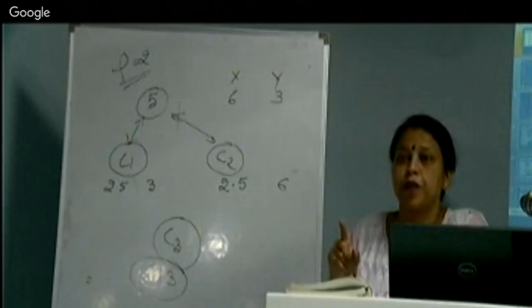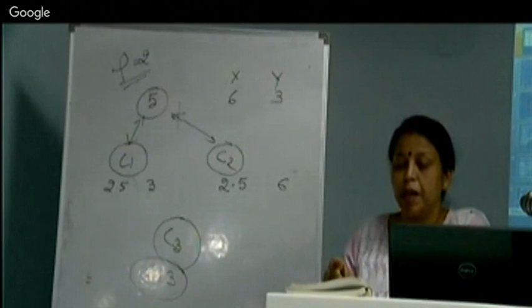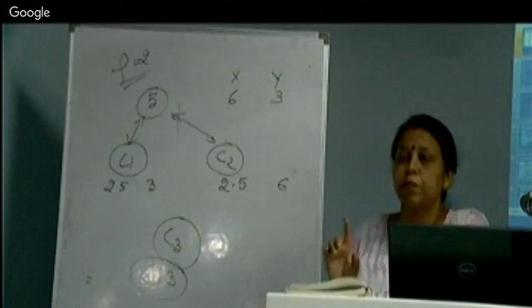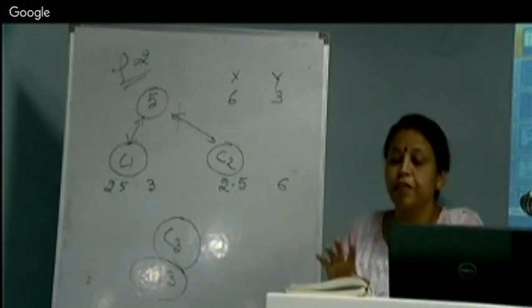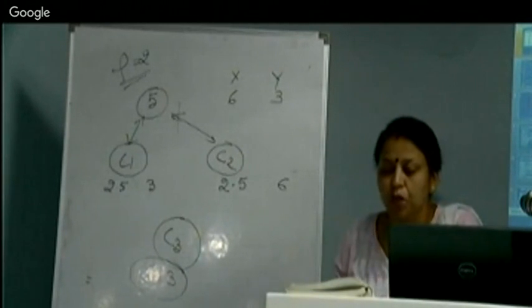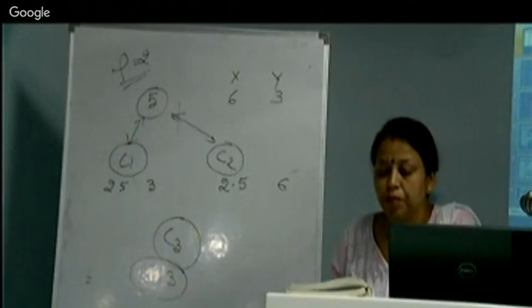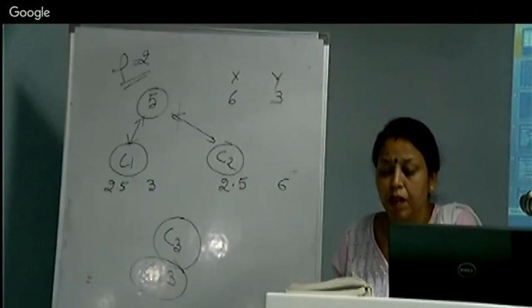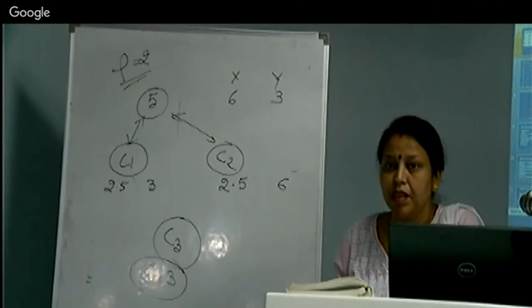So 6 plus 6.5, that is your 12.5, divided by 2. It will be 6.2 and 3.5.